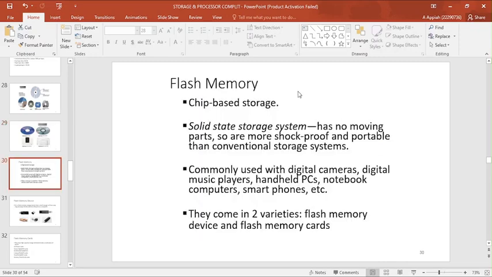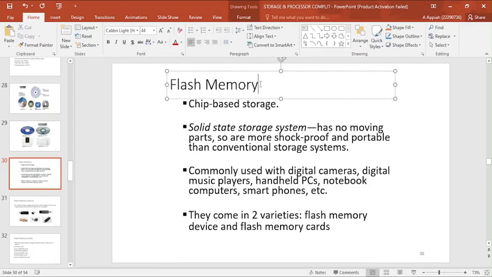Then the next is the flash memory, which is, if you want, the current ones we have these days. So flash memory can also be termed as chip-based medium or chip-based storage.